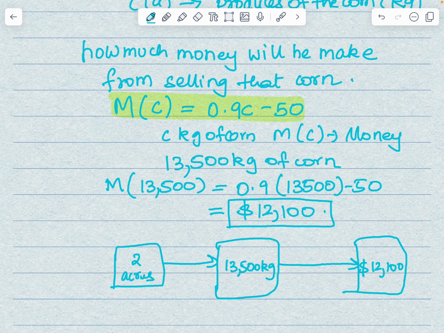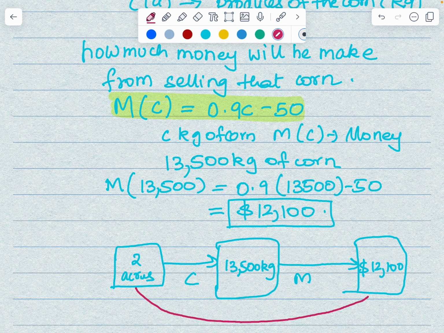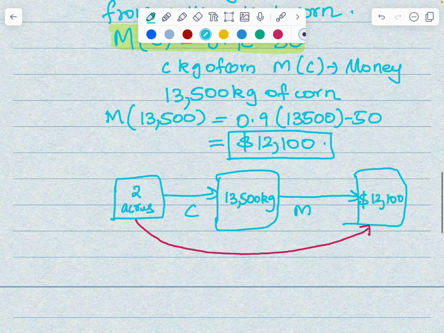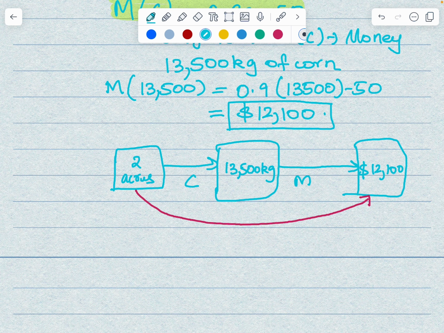Instead of going through this two-step process, what if he could just go from here to here? That's the question. So let's see, can we create a new function?